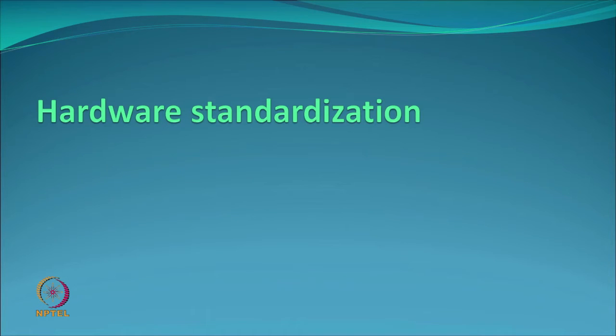Then we also have to worry about, not as textile technologists, but at least those who are manufacturing equipment for us, they have to worry, but we must appreciate. Hardware and standardization also have to be done if we want a good reproduction.